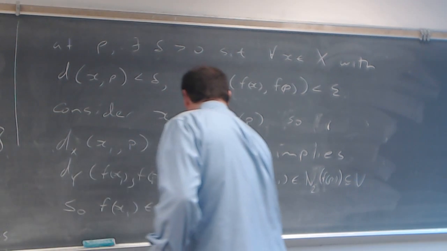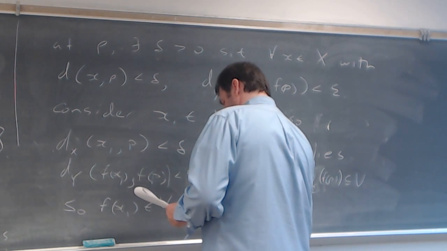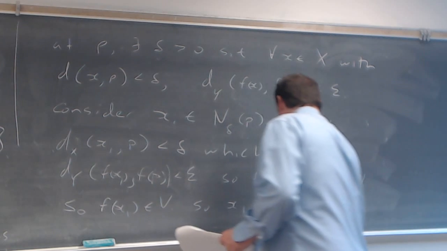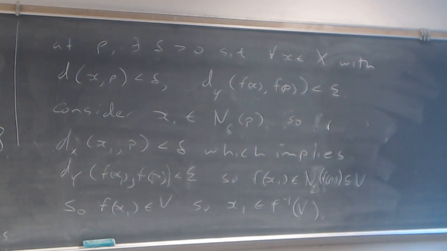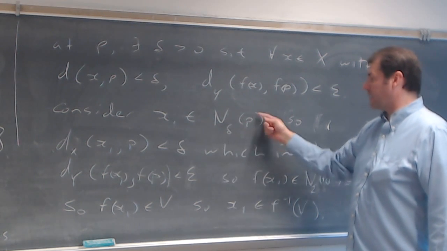So that means that x sub 1 is an element of the inverse image of V. And what was x sub 1? x sub 1 was an arbitrary element of this neighborhood of p.